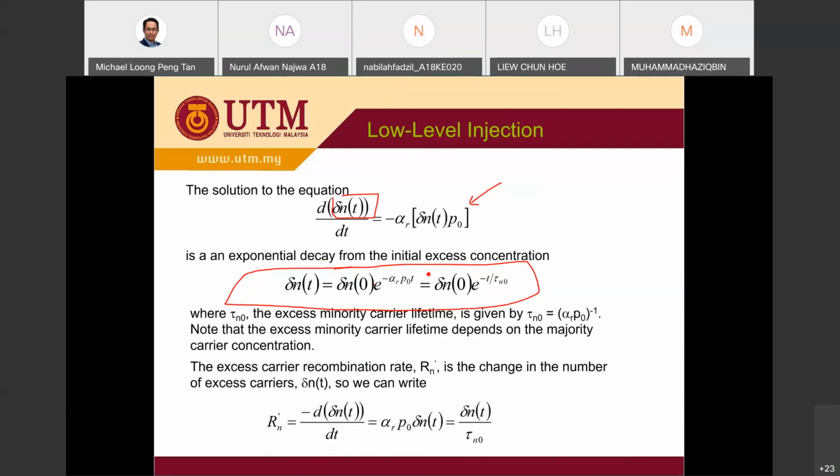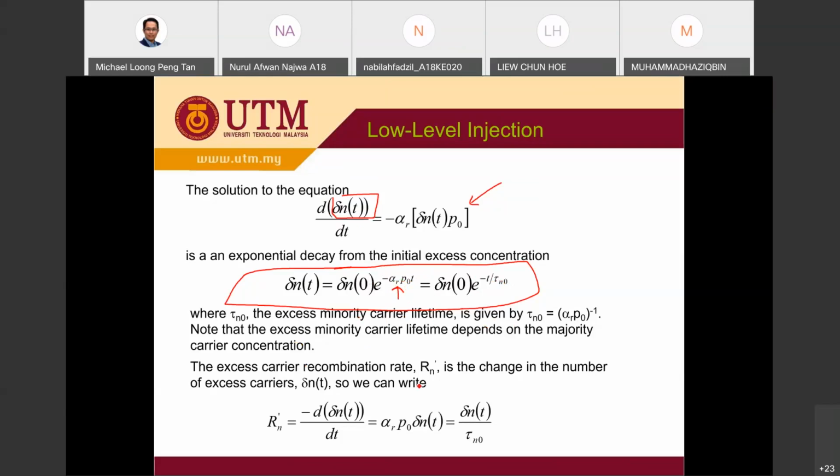And the solution to this equation, they say, must be in this kind of exponential, correct? And they have to have this component where you have this alpha and then P not T. And then they say this one we can simplify into T over tau not, tau N. So what they do is that they solve it.